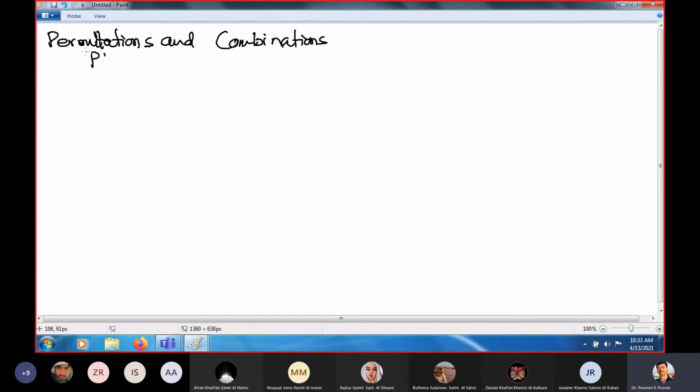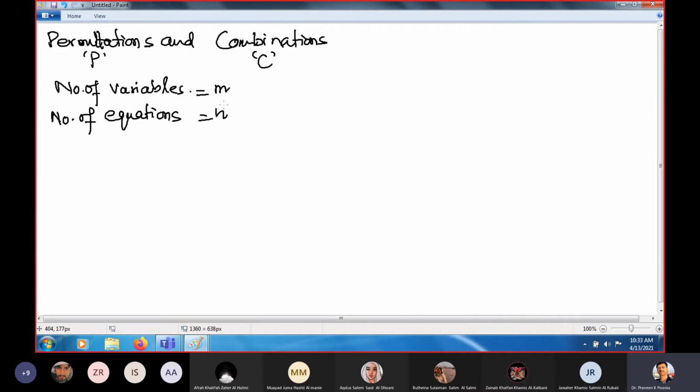Permutations are denoted by P and combinations are denoted by C. So what is this? If the number of variables is equal to m and the number of equations is equal to n, then, my dear friends, this is the direct way I am telling you: the number of possible corners.